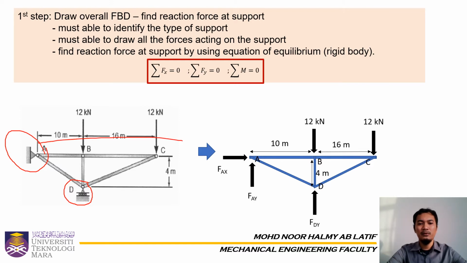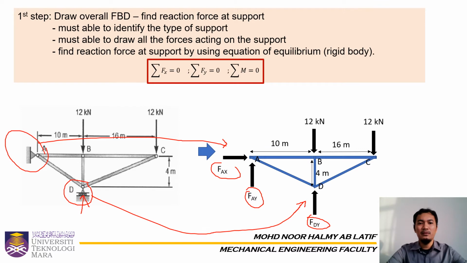For a pin support, we have two reactions acting on it, which is a force in x and a force in y. When connected to a roller support, we have one force acting on it, which acts normal to the surface. In this case, it is normal in the y direction. That's why we have one force acting there.